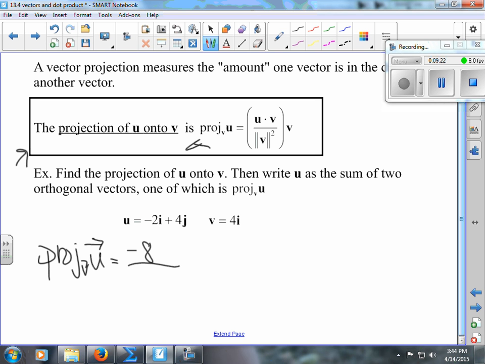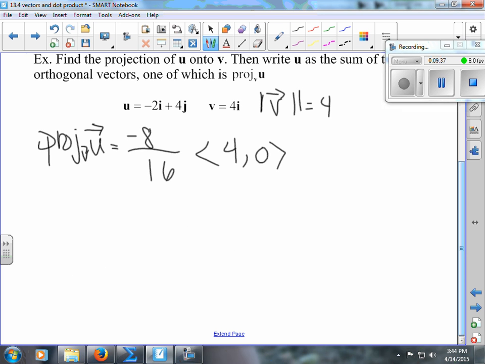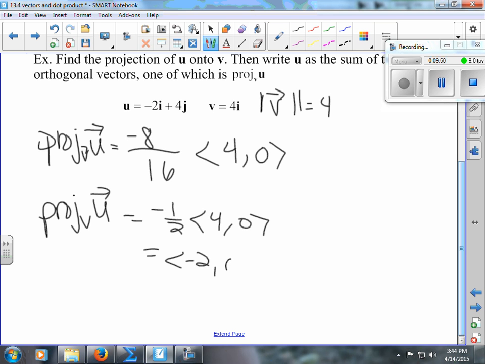And so the magnitude of v is just 4. That's a simple one. So I'm going to divide by 4 squared. And then you multiply this by the vector v. Let's put this in component form. So 4, 0. And so the projection of u onto v is simply -1/2 times 4, 0, or -2, 0.